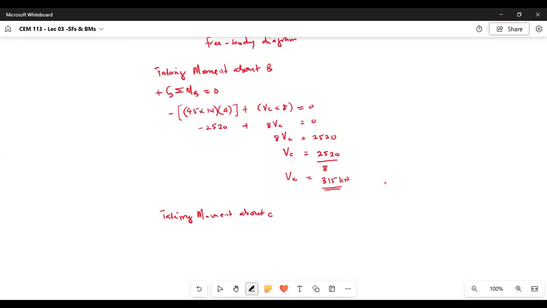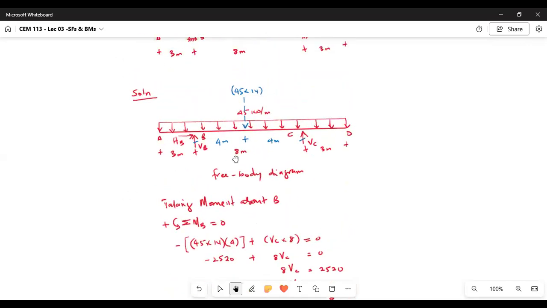Sum of moments about C is equal to 0. Anti-clockwise is positive. So if we are taking moment about C, as you can see here, the VC here will have a distance of 0. Now we have converted all the UDL. So this will be anti-clockwise, 45 times 14 times the distance 4. And then the VB will be times a distance of 8, which will be clockwise.